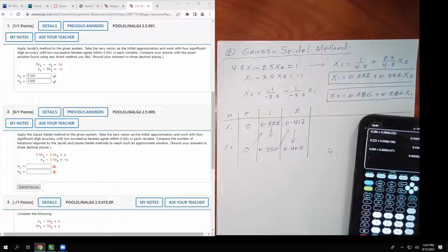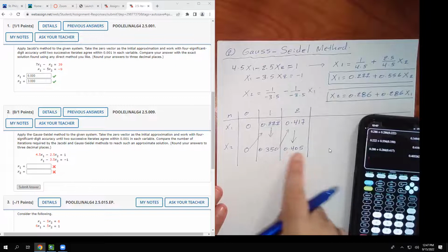Let's keep going. We're going to continue with this method until you see the same number repeated.